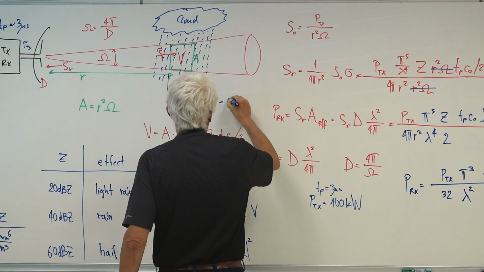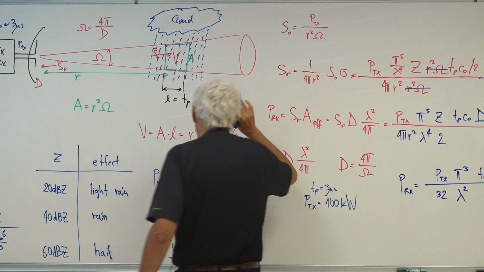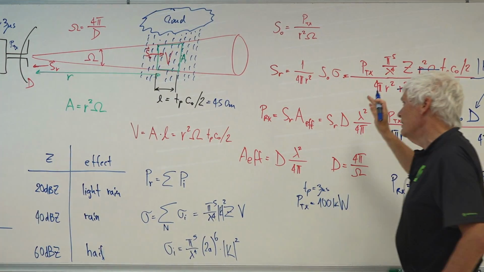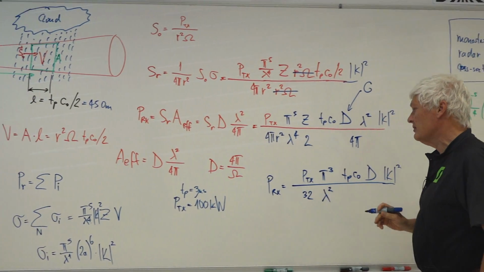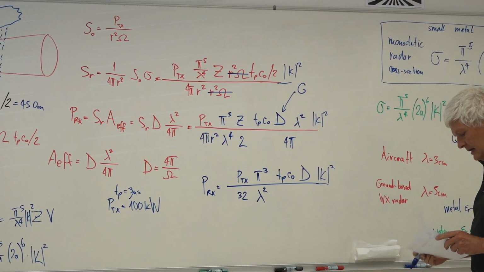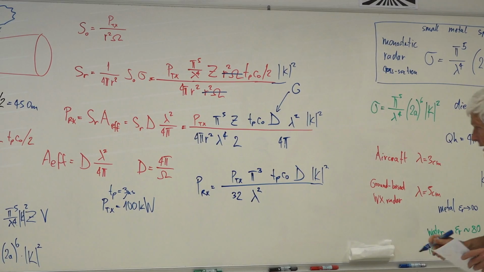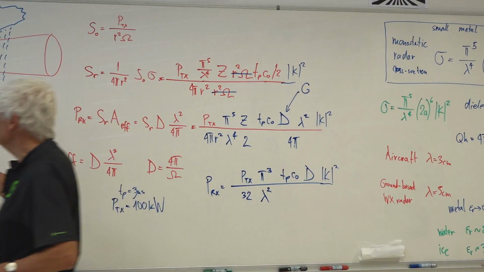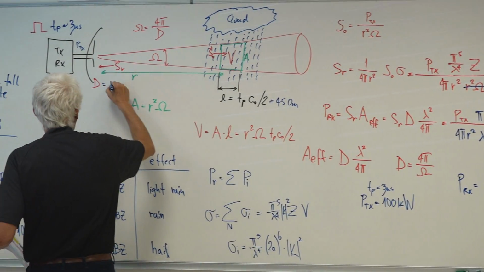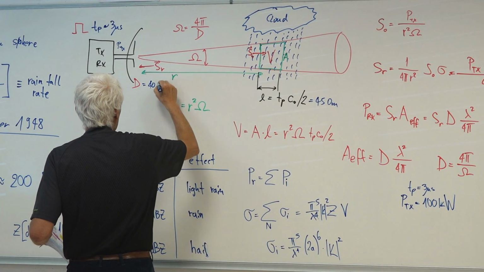This L is 450 meters. Just to see what we're going. So the spatial resolution of this radar with 3 microsecond pulse will be 450 meters. Let me see just the antenna. Yes, the antenna was taken as this directivity or gain of 40 dBi.